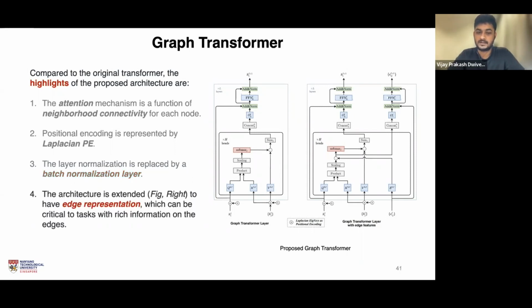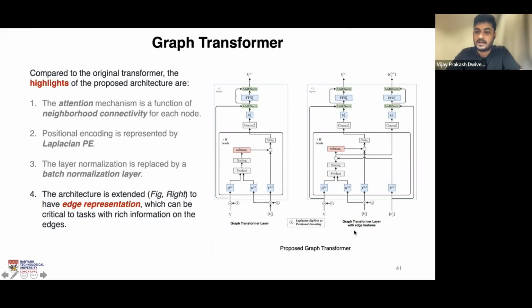The fourth difference is that we have an architecture that explicitly accounts for the edge features. For example, if we have a molecule where the edge represents a single bond, double bond, and so on, this edge feature is used to encode that information, and it helps modify the implicit attention score and then update the actual attention scores when the features are aggregated.